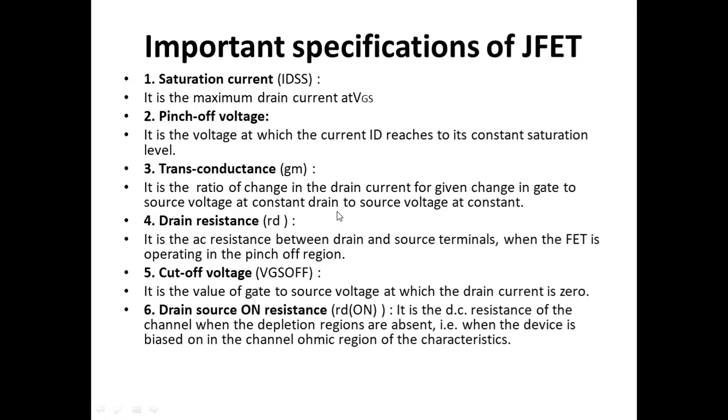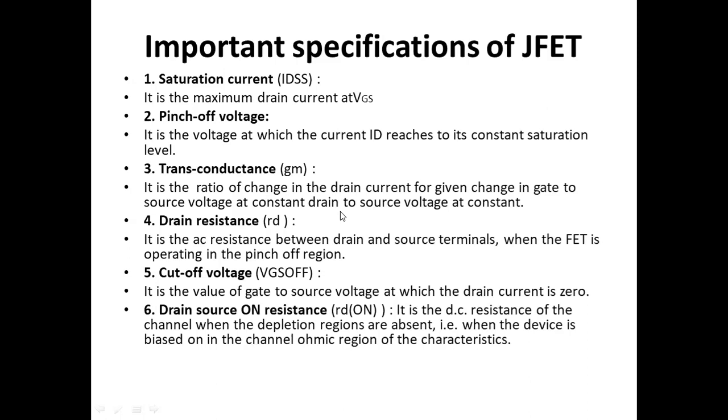The transconductance. Next one is transconductance. It is the ratio of change in the drain current for a given change in the gate to source voltage at a constant drain to source voltage. So gm is nothing but... we already discussed the transconductance value, amplification factor mu and the relation between them.